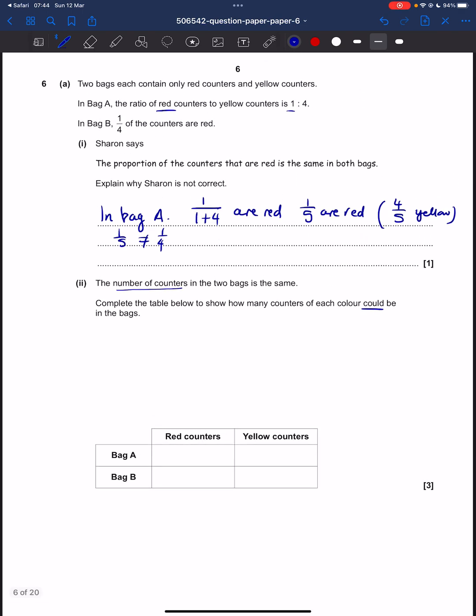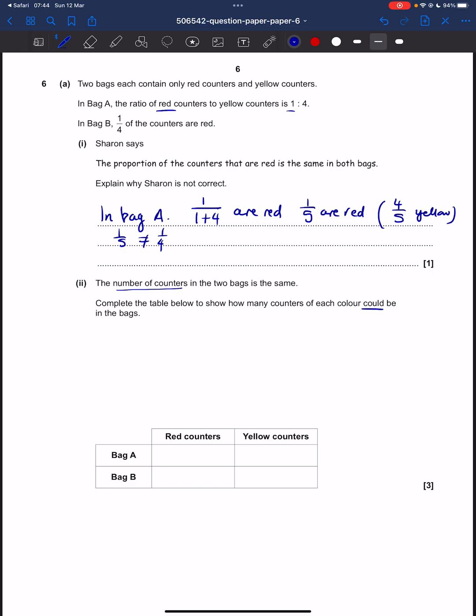So I'm feeling like I want to make everything into 100. I don't know why. Does that work? So in this one, 1/5 are red and 4/5.